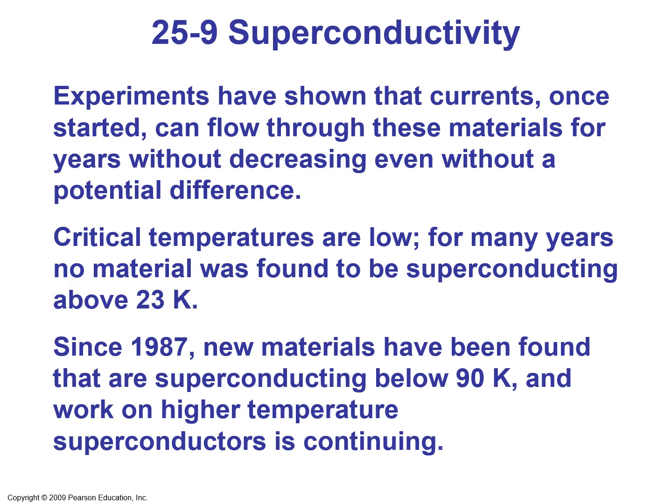Critical temperatures are low. For many years, no material was found to be superconducting above 23 Kelvin. Since 1987, new materials have been found that are superconducting below 90 Kelvin, and work on higher temperature superconductors is continuing.